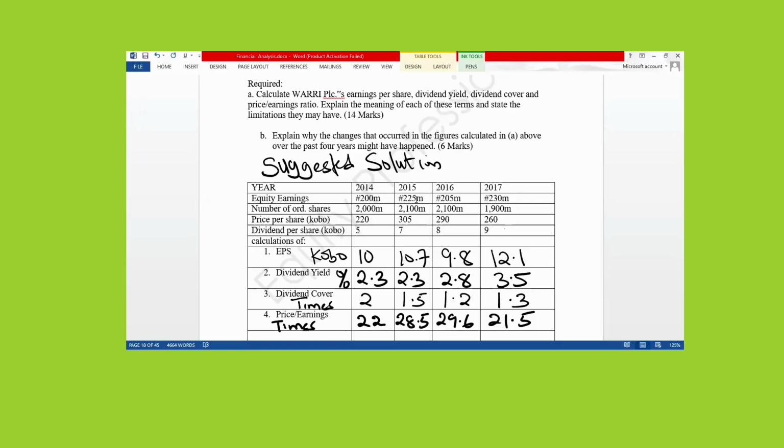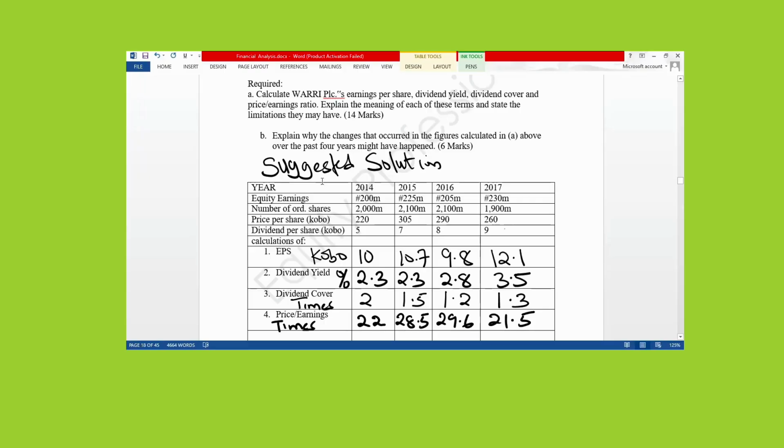This resulted in a fall in dividend cover ratio, an indication that more dividend is being paid out. Less retention. If you are paying more of your earnings out and you are retaining less, that can affect your future growth in earnings.